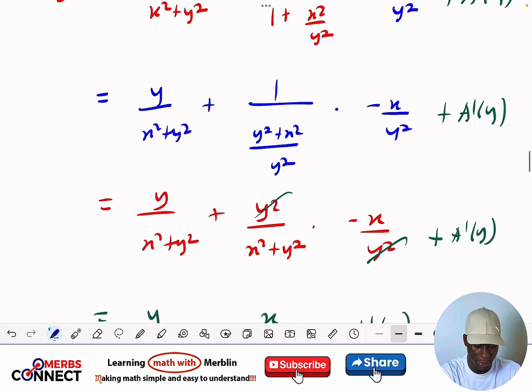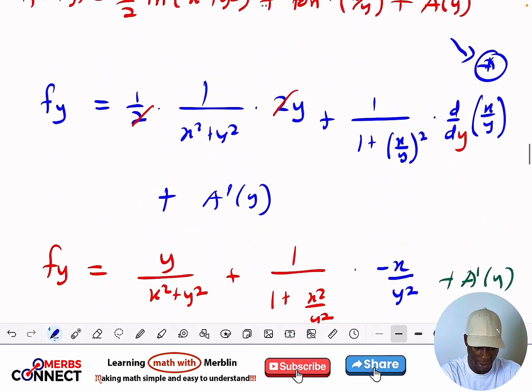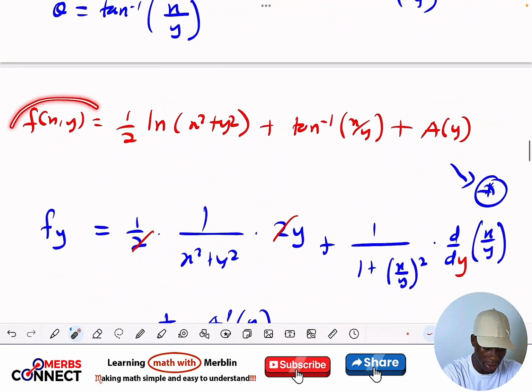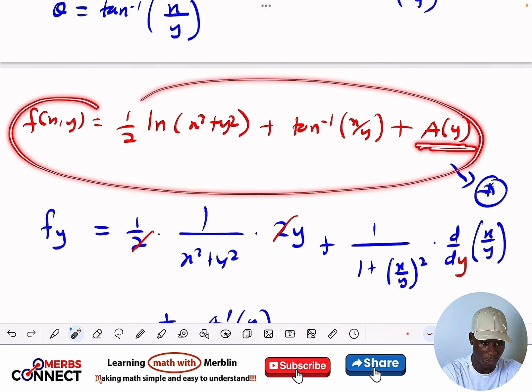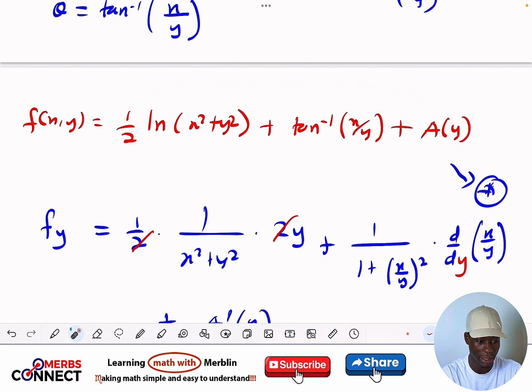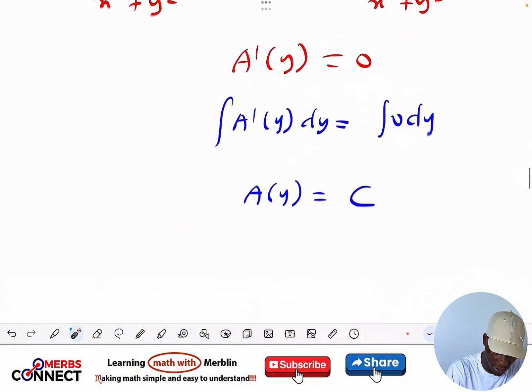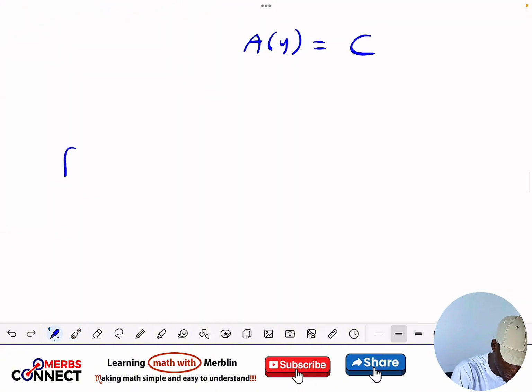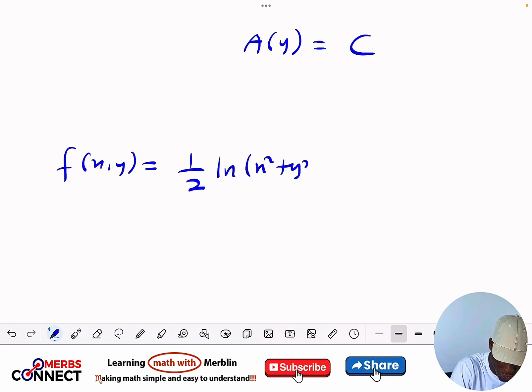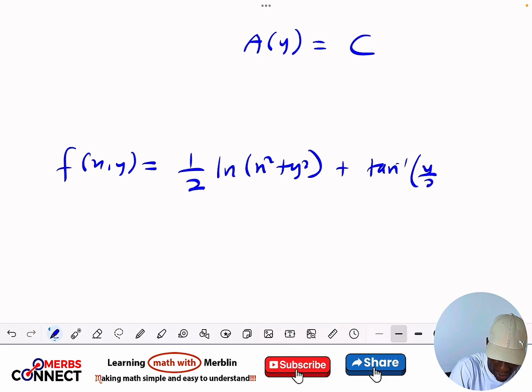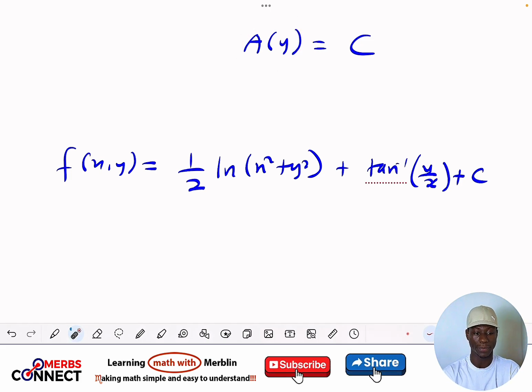So now let's go up there and look for our equation star. So this will be the equation, but now a of y is equal to constant, and then we are done from there. So let's go and see what we are going to get from here. So finally, f of x y is equal to 1 over 2 natural log of x squared plus y squared plus the tan inverse of y divided by x plus a constant c, because this one was a of y.